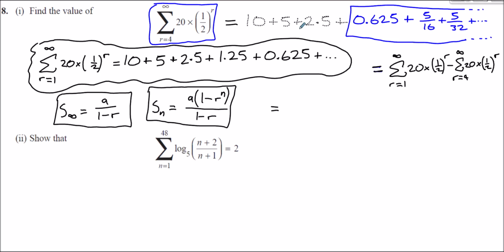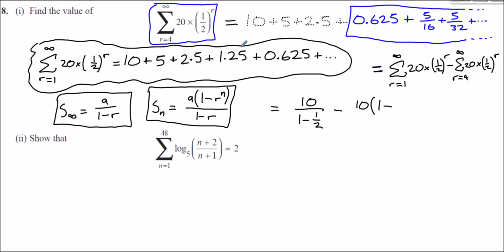So using this formula here, this is from r being 1 up to infinity. So the sum of the first r terms to infinity is going to be a, which the first term would have been 10, over 1 minus r, common ratio is a half. Then we're going to minus away 10 lots of 1 minus r, which is a half to the power 3.